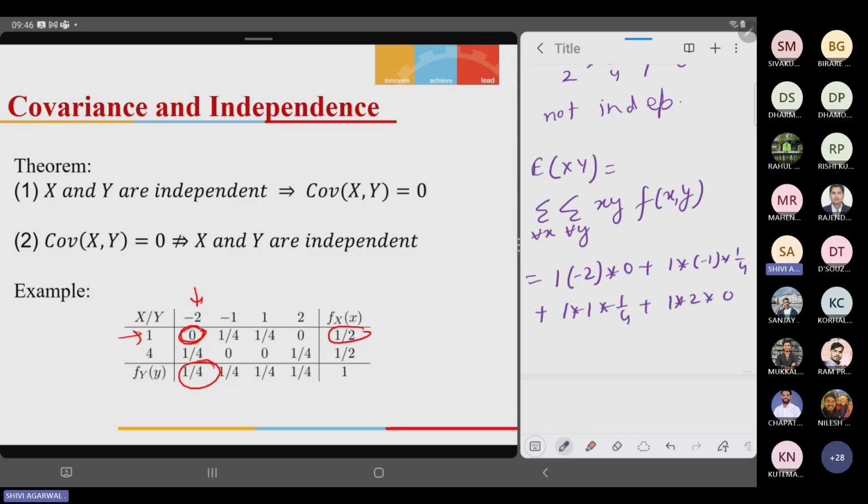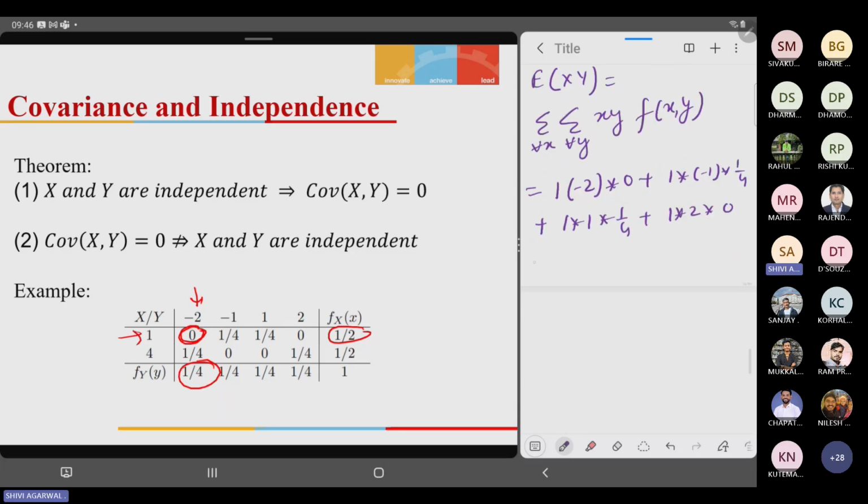Correct? This is for all x. Now we are doing for y. So 4 multiplied by -2 multiplied by 1 by 4, plus 4 multiplied by 0 multiplied by -1, plus 4 multiplied by 1 multiplied by 0, plus 4 multiplied by 2 multiplied by 1 by 4. Correct? So this becomes 0, this becomes 0, this becomes 0, this becomes 0.